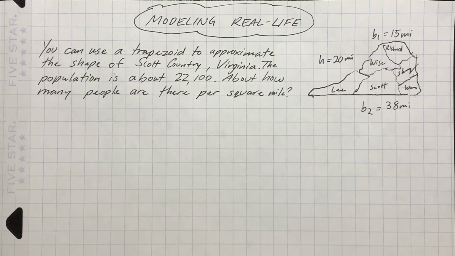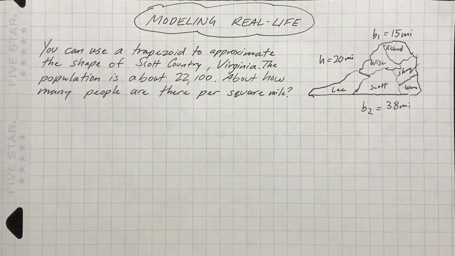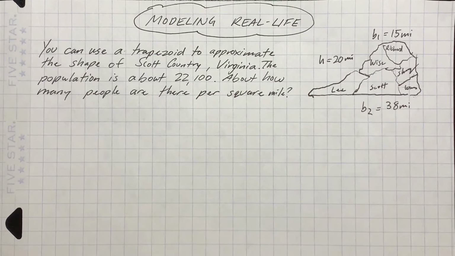All right, the last problem we're going to work with is modeling real life. Before we talked about Arizona, and how many counties are in Arizona, with a previous math problem. In this case, we're going to be working with the state of Virginia. Virginia is on the East Coast. So let's read the passage.